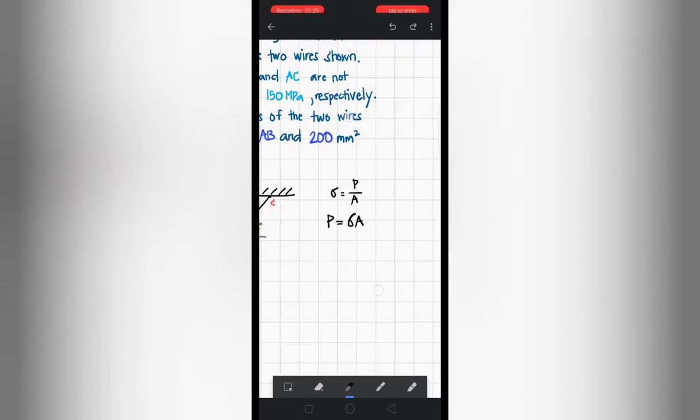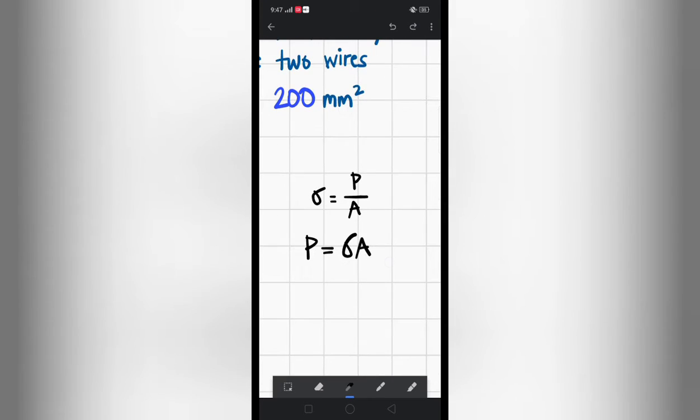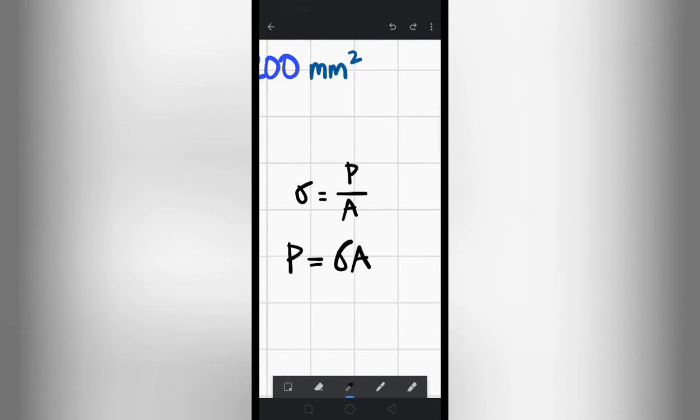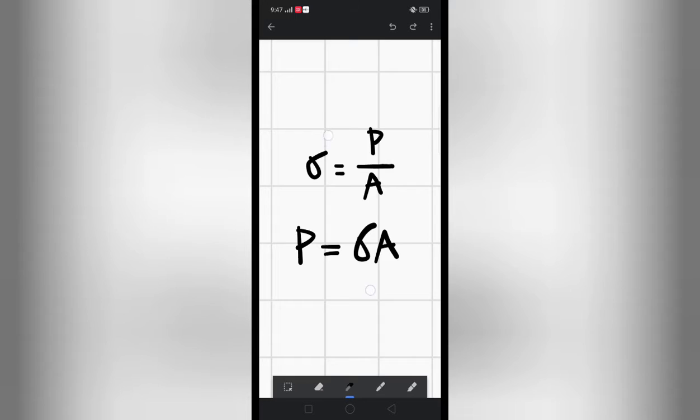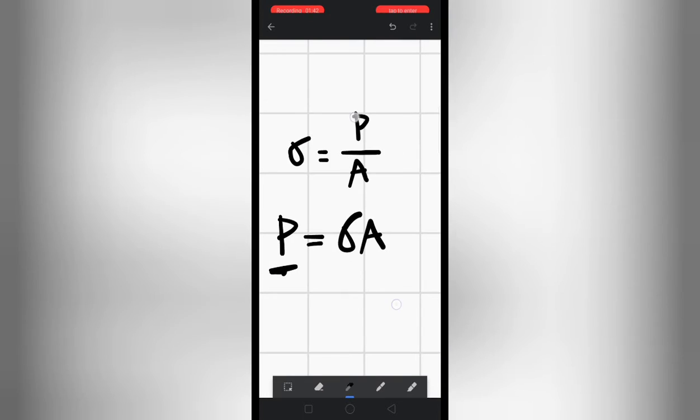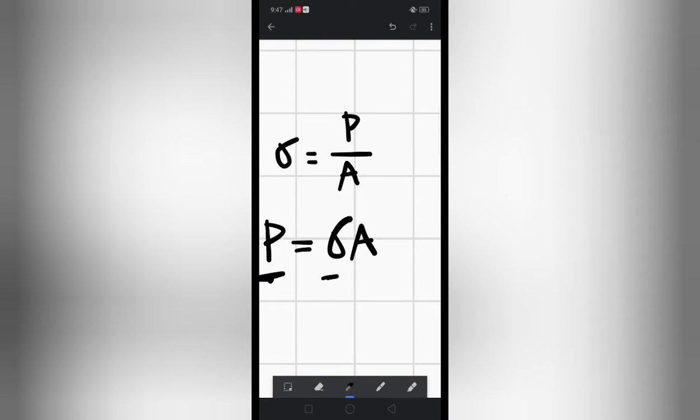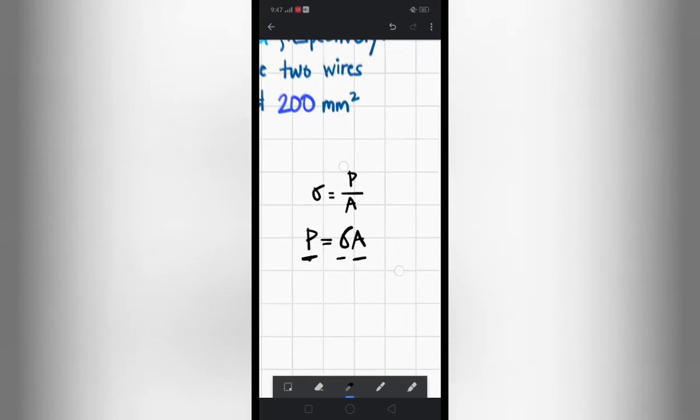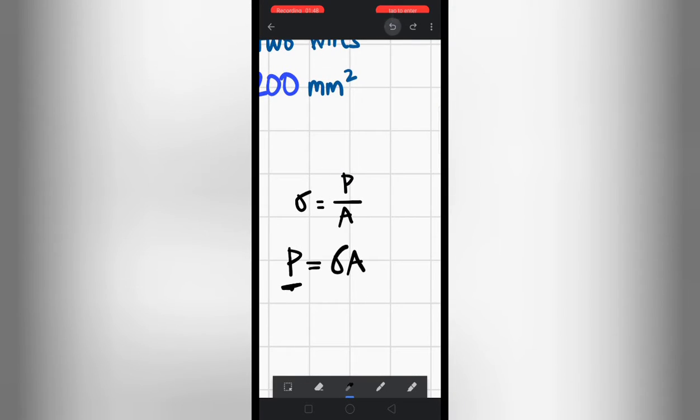first thing we need to know is that since weight is a force, we just have to rearrange the formula for stress to find the force P, which is also the W. So to find that, we just have to multiply the stress and the area.